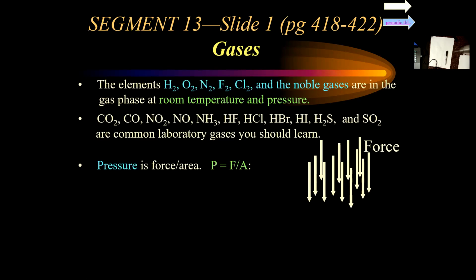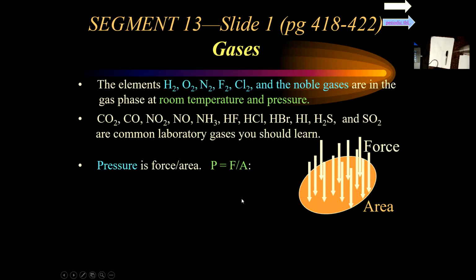Newtons per square meter is a pressure unit that's called the Pascal. You may or may not have ever heard of that pressure unit before. So the way we would measure pressure is we would measure the force and divide by the area, and that would give you the pressure.